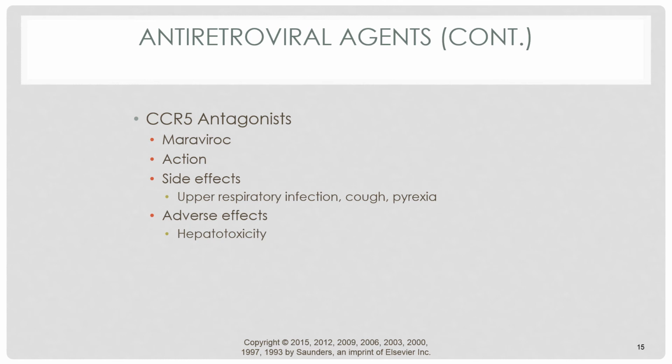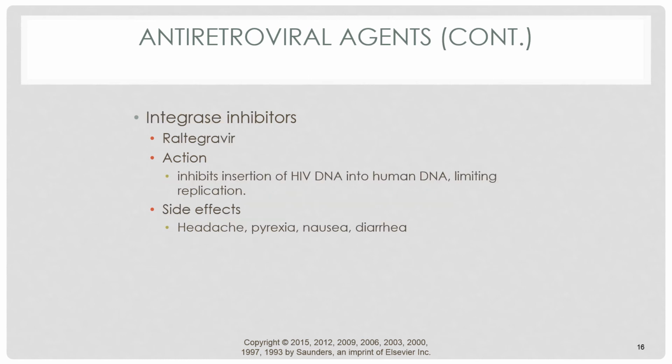Again, there's only one in this class that we're looking at. I think this is the only one in the class. And the side effects for this can cause upper respiratory infections, cough, pyrexia, which is a fever, and it can also cause hepatotoxicity. So again, those patients with liver disease, alcoholics, or someone who has hepatitis, they'd have to use this with extreme caution. All right.